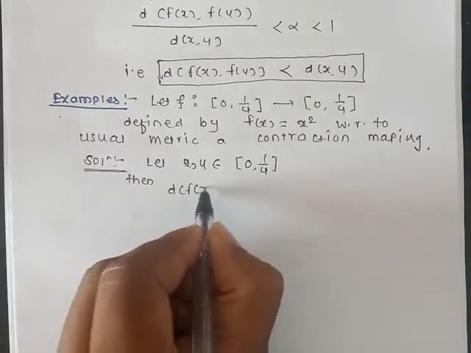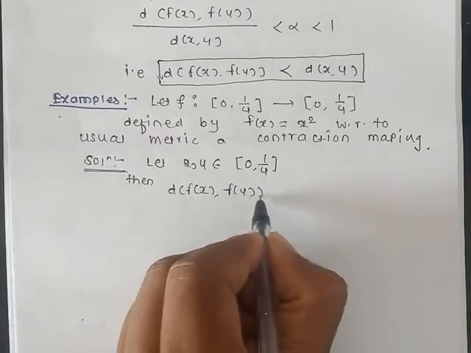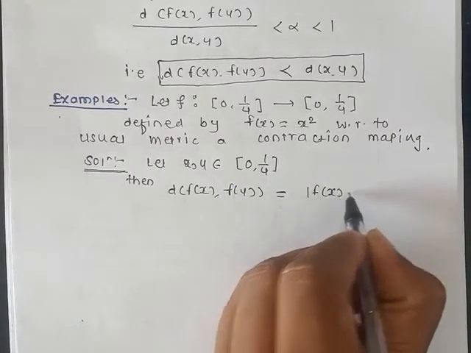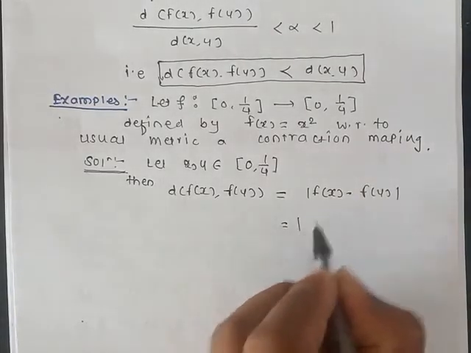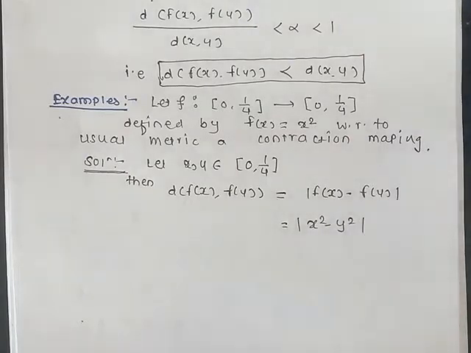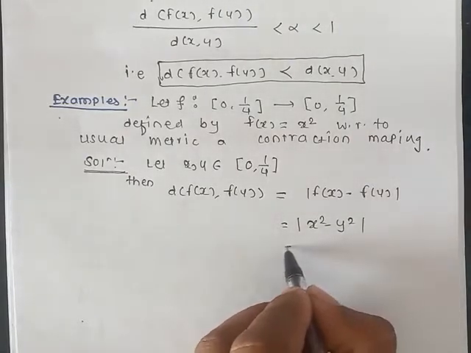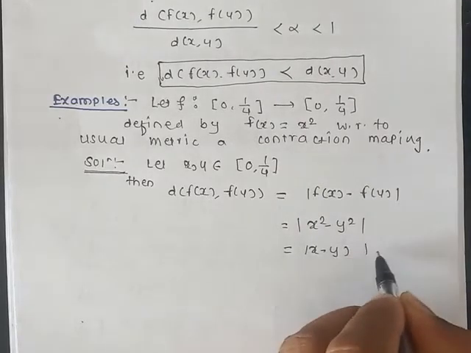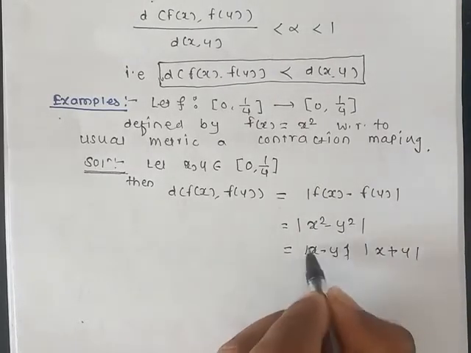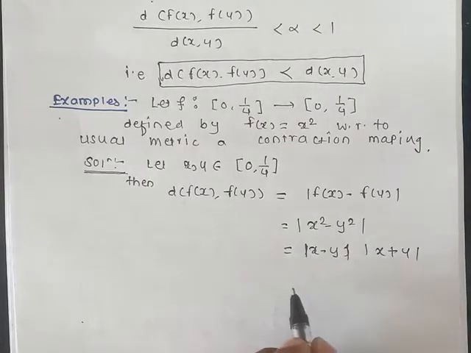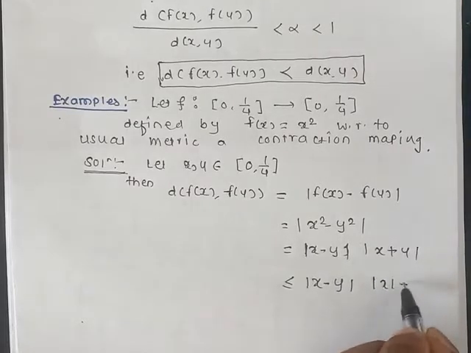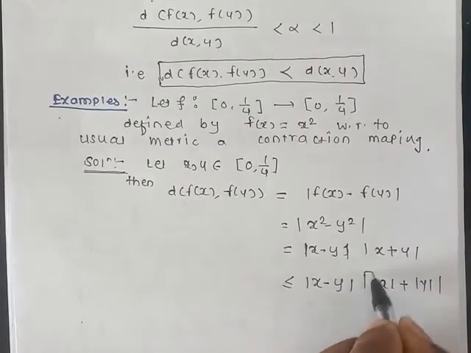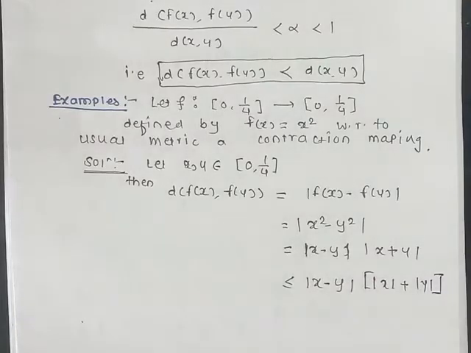Then d of f of x comma f of y is equal to mod of f of x minus f of y in the usual metric. But f of x is x square and f of y is y square, which equals mod of x minus y times mod of x plus y, which is less than or equal to mod of x minus y times (mod x plus mod y), because mod of a plus b is less than or equal to mod a plus mod b.